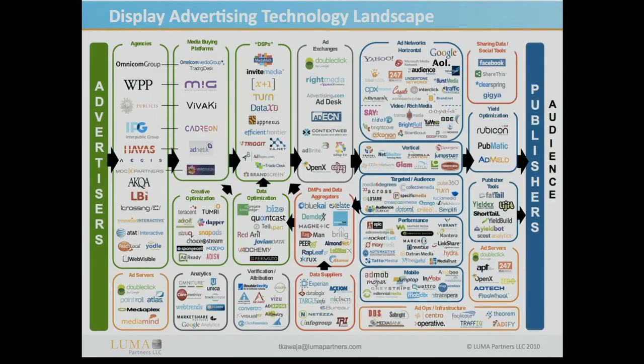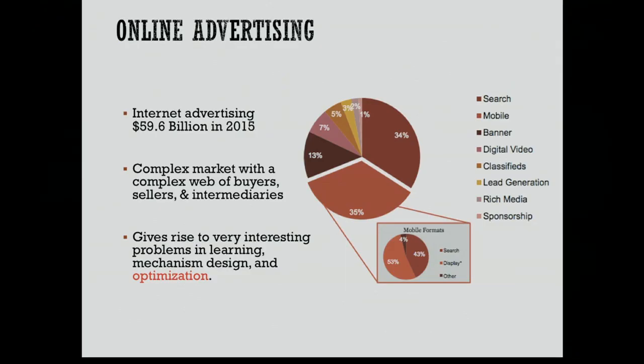Not just publishers and advertisers, but other players disaggregating and aggregating the traffic, optimizing on behalf of the different players, and supplying data into the system. This gives rise to very interesting problems in learning, mechanism design, and optimization.